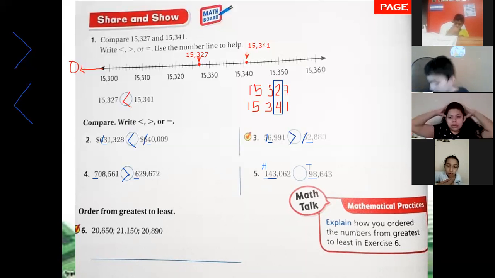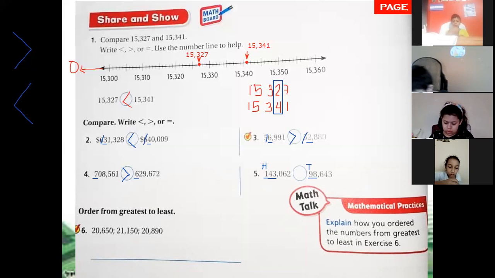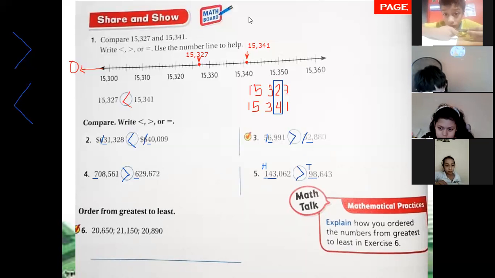Victor, participate, please. We can say that 143 is greater than 98, exactly. Greater than 98, excellent.